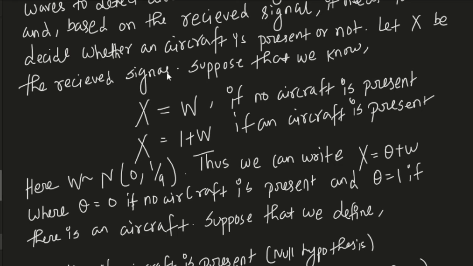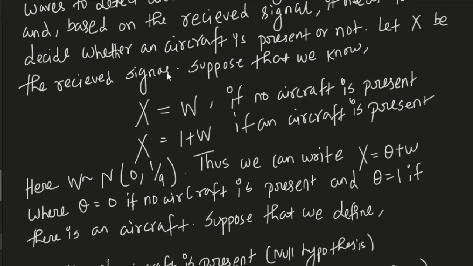Here W is a normal random variable with mean 0 and variance 1 upon 9. So that's the probability distribution of W. W takes values with probabilities according to a normal distribution with mean 0 and variance 1 by 9.